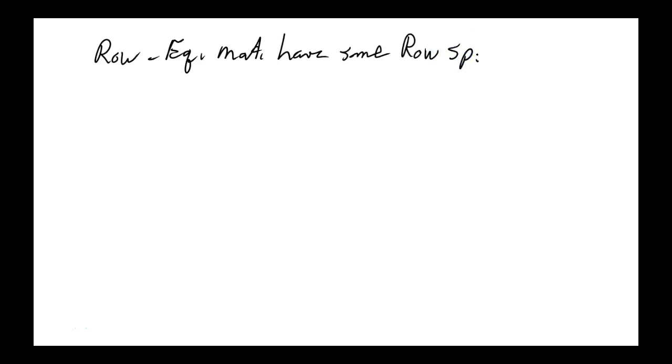What that's saying is if you have a matrix, whatever size it is, and you start doing row equivalent operations, then the next matrix that you get has the same row space as the previous one.